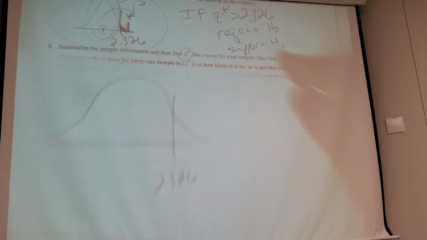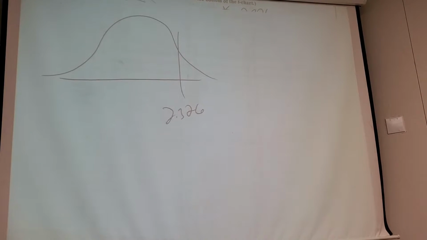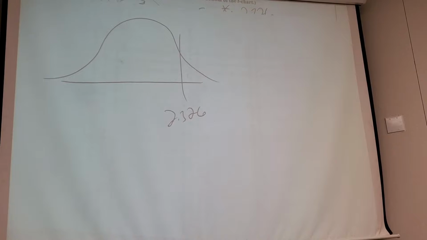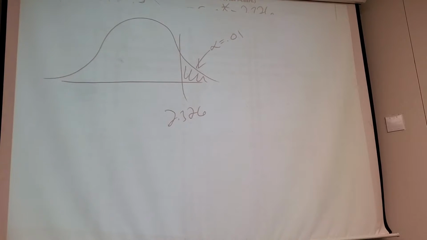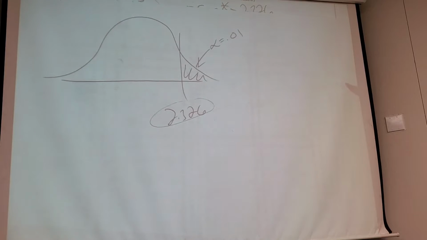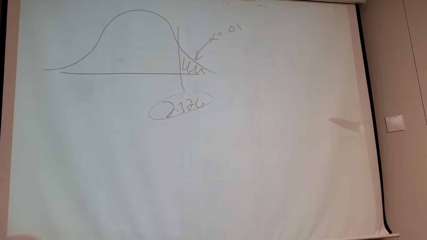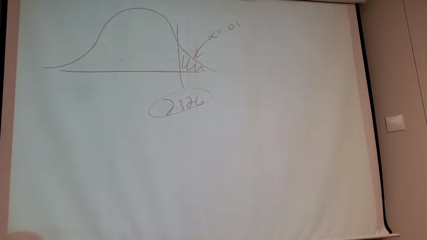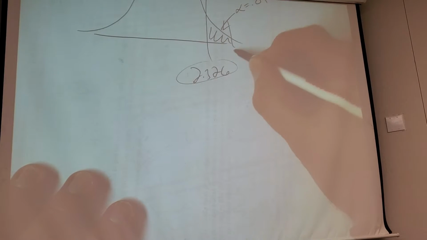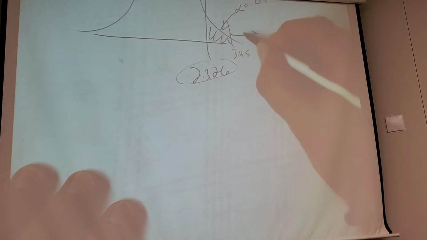Where's alpha on that picture? Up here, right? That's the area in the tail. Alpha's 0.01. So alpha is the area in the tail of the critical z-score. The p-value is the area in the tail of my z-score. What was our z-score in this problem? 3.45. What is the area in the tail of 3.45?